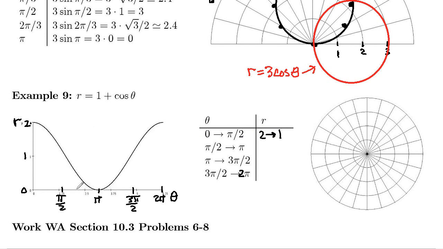And then as theta goes from pi over 2 to pi, so that's from here down to here, your radius, which is your height, goes from 1 down to height 0. So this goes from 1 to 0. As theta goes from pi to 3 pi over 2, so that's right here, your radius goes from 0 back to 1.